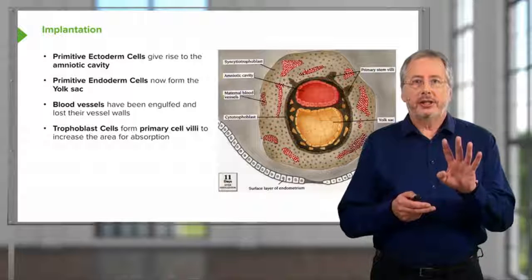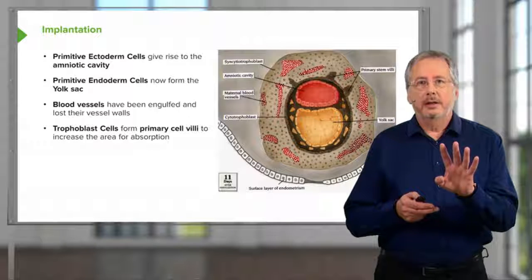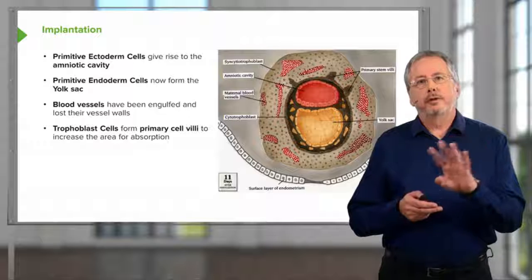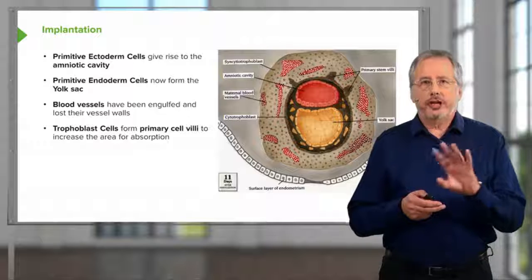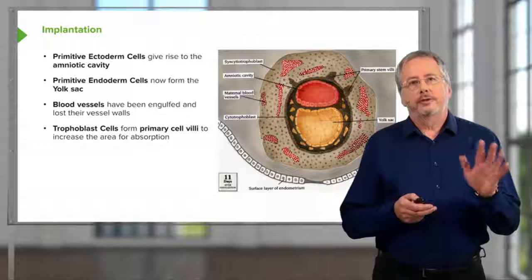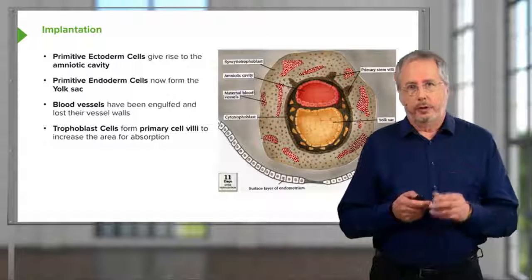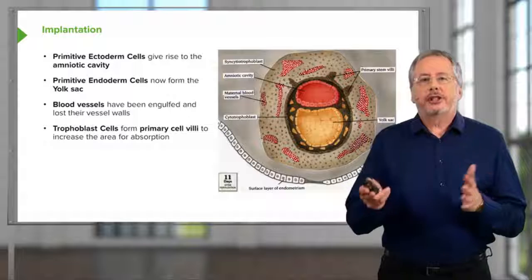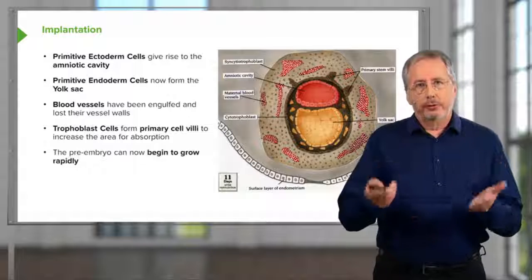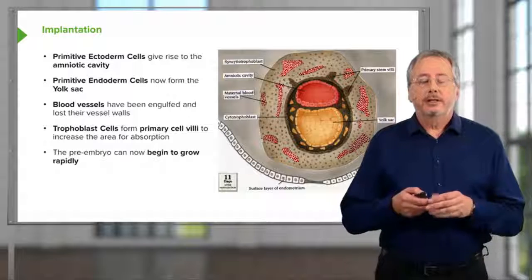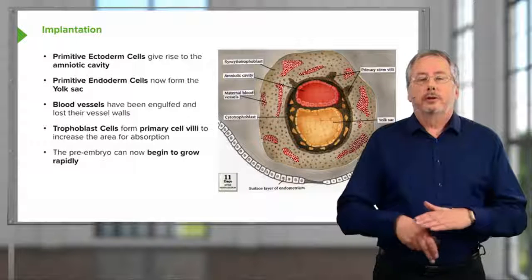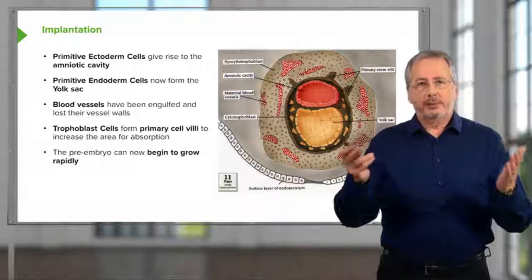But what they're doing at this stage is to increase the surface area across which nutrients can flow and wastes can be exchanged. So it's forming some of the functions of the placenta in this very early and primitive form. And of course, now that it's connected to the mother, growth can begin to take place. It's taking nutrients from the mother so the whole system can begin to expand.